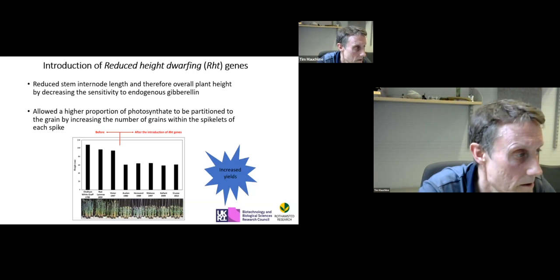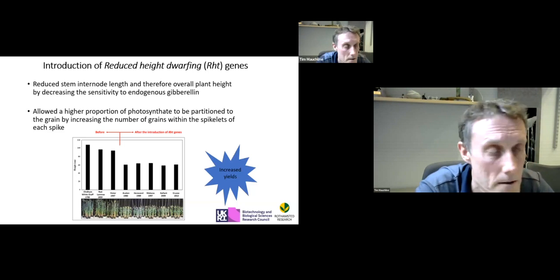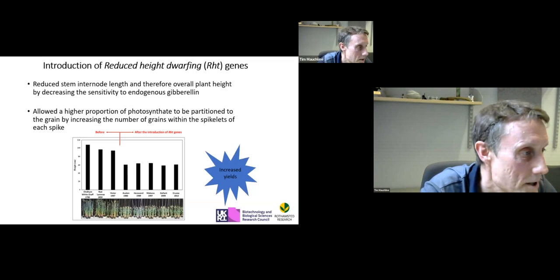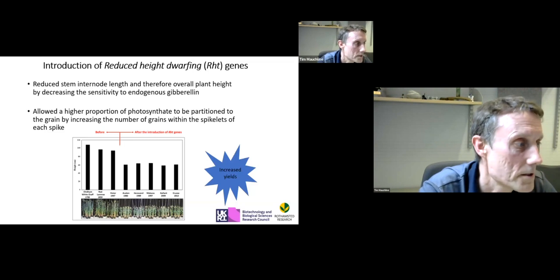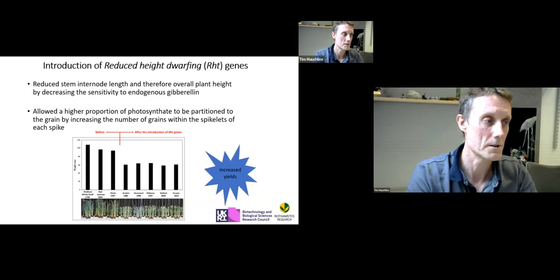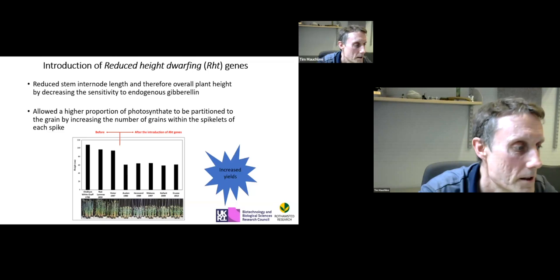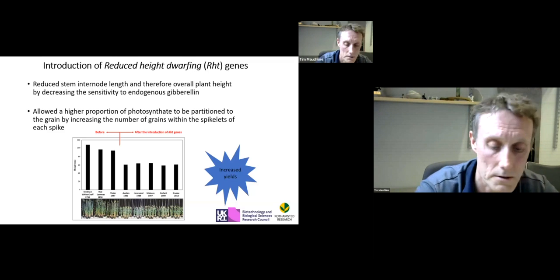As a consequence of this, a higher proportion of the photosynthate is partitioned to the grain and increases the number of grains within the spikelets of each spike. And ultimately, when you add lots of fertilizer with these different dwarf genotypes, you end up with increased yields.